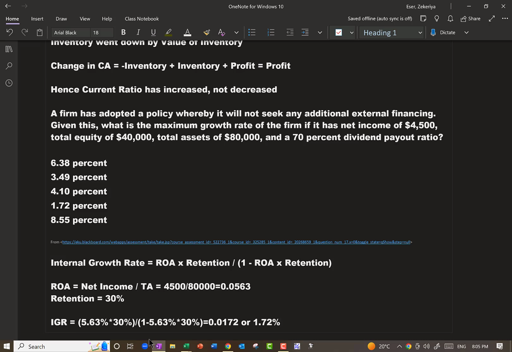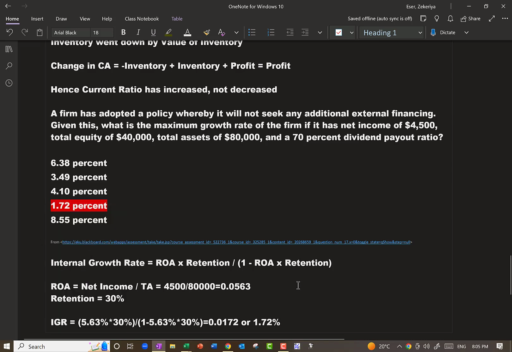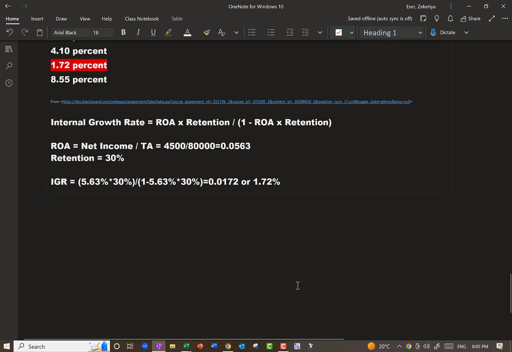One note: when you put the percent, it internally converts that into decimal, so you don't have to worry about it. Again, all you have to do is use definitions.